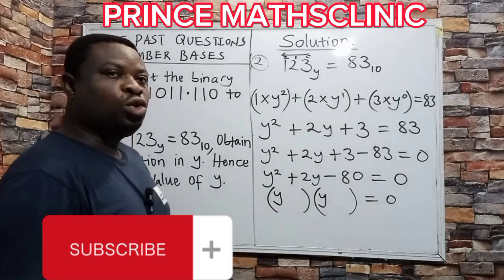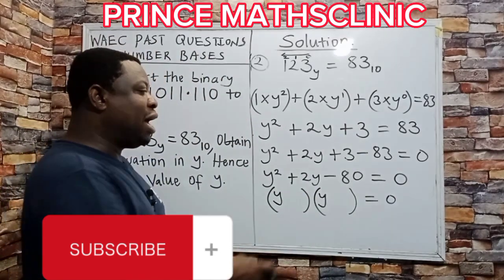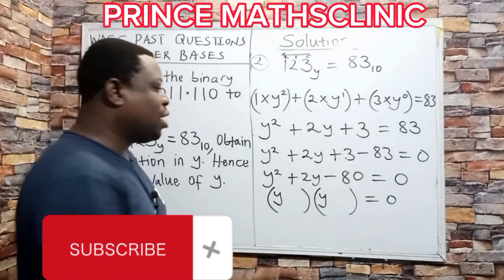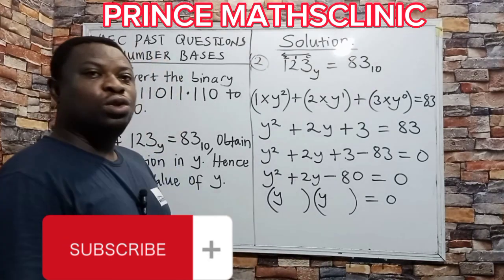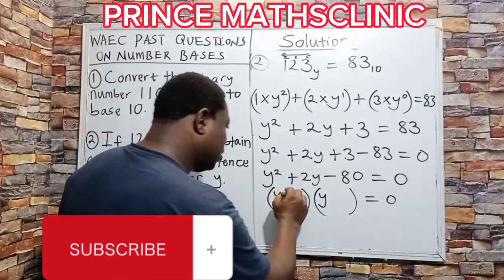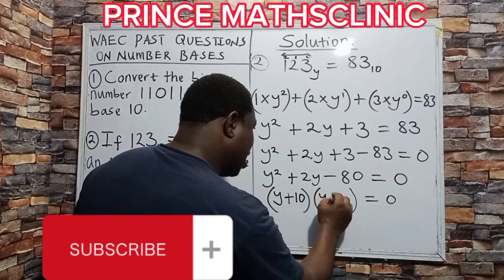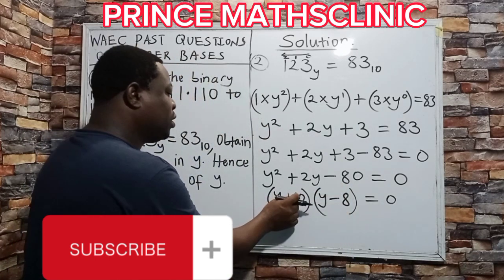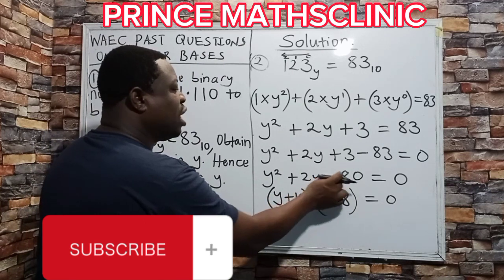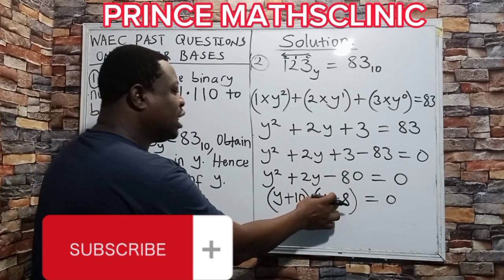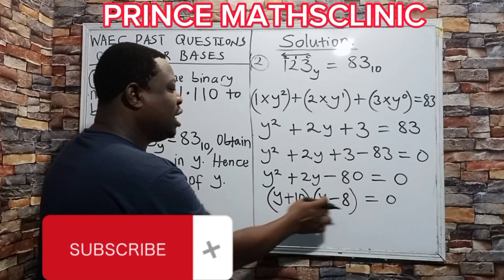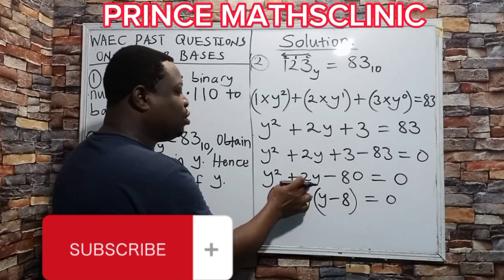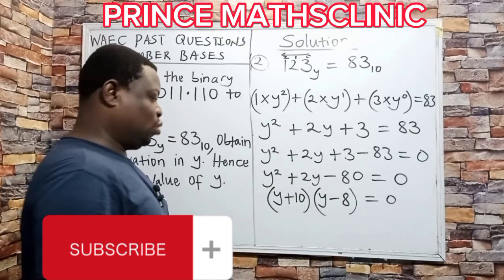Then you look for two numbers that you multiply that will give you negative 80, that when you add, you are going to get positive 2. Those numbers are positive 10 and minus 8, such that if you say plus 10 times minus 8, you get minus 80, because plus times minus is minus, then 10 times 8 is 80. Then if you say 10 minus 8, you are going to get the positive 2.